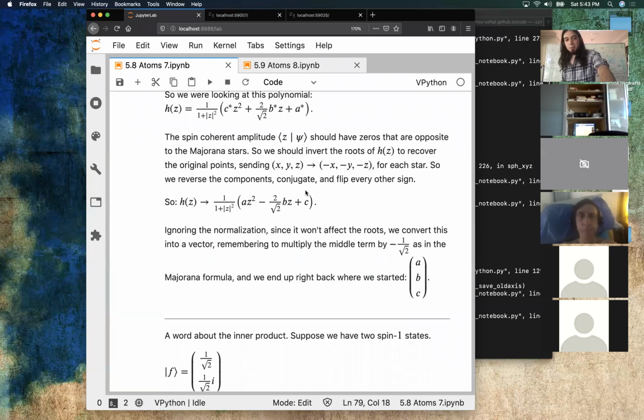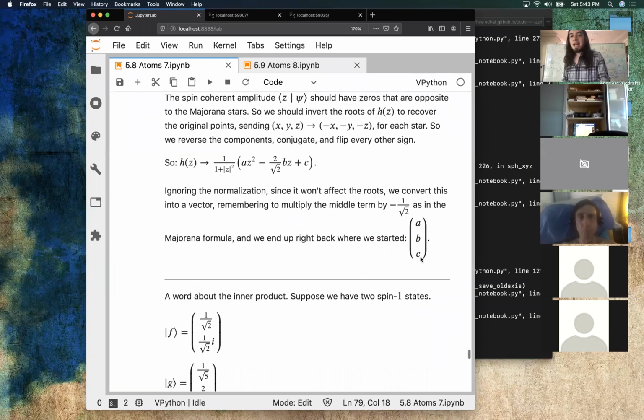So that just boils down to multiplying the middle term by -1 over square root of 2. And so we end up exactly where we started with the spin vector ABC. So if you follow that, it becomes undeniable that this really works. Okay.